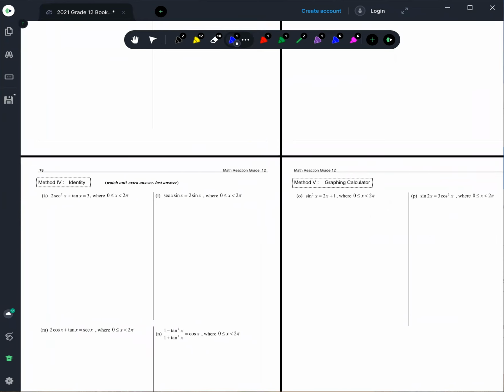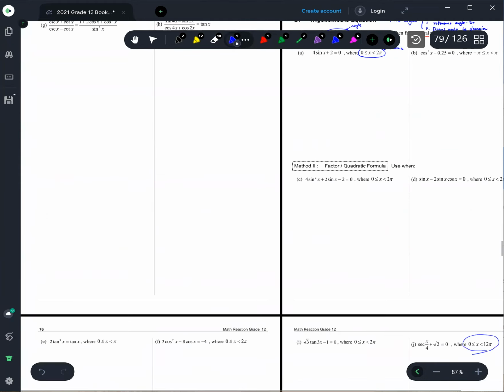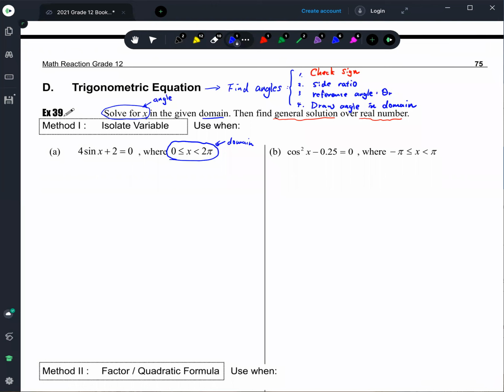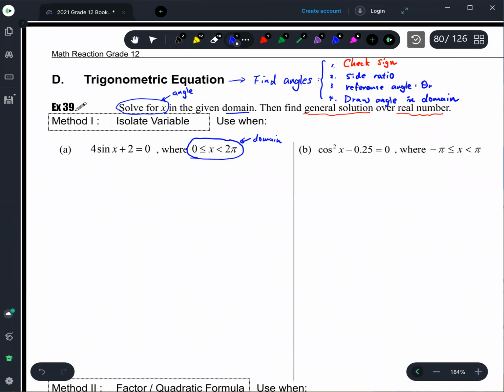We won't be using graphing calculator here. So the first one, isolate variable. Variable refers to x, but x is stuck with the sign. X is inside the sign. So the variable is referring to the sine x, or the cosine x, or the tangent x, etc. So x inside the trig ratios.